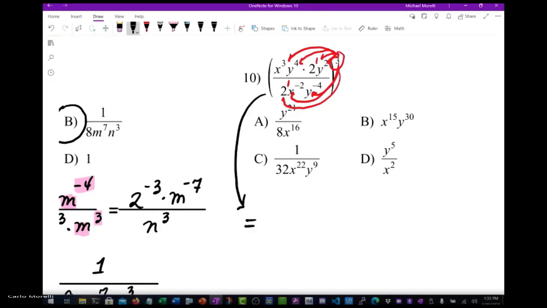So that's x raised to the power of 3 times 3, x to the 9th. Y raised to the power of 4 times 3, y to the 12th. 2 raised to the power of 1 times 3, 2 to the 3rd. Y raised to the power of 2 times 3, y to the 6th.